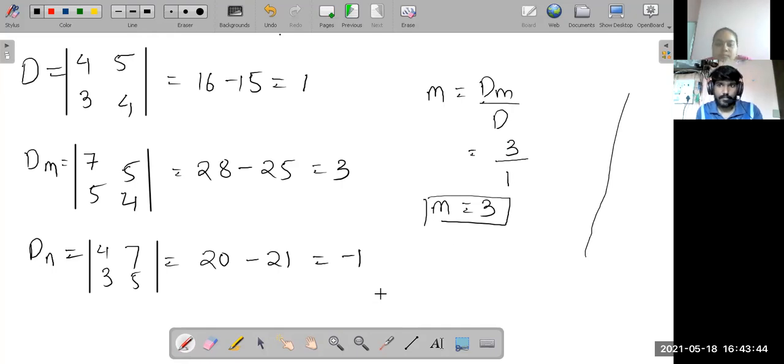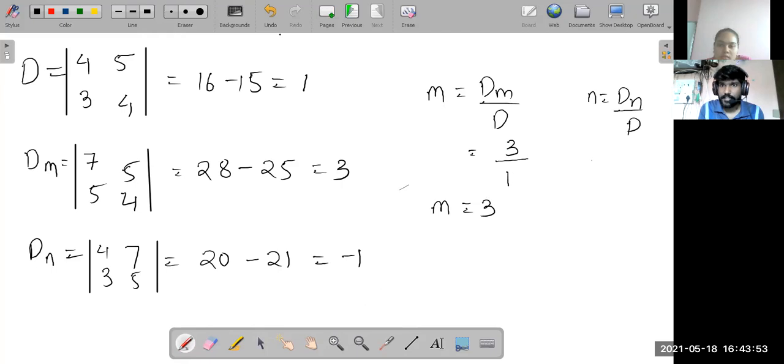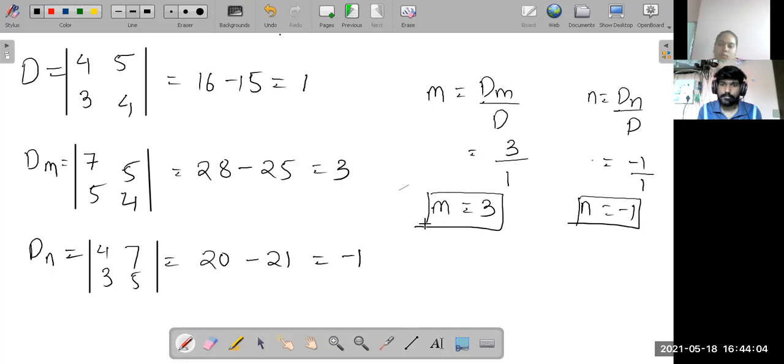And then dn upon d. N will be equal to dn upon d. That is minus 1 upon 1. So n is minus 1. So we got the values of m and n. Is it clear?